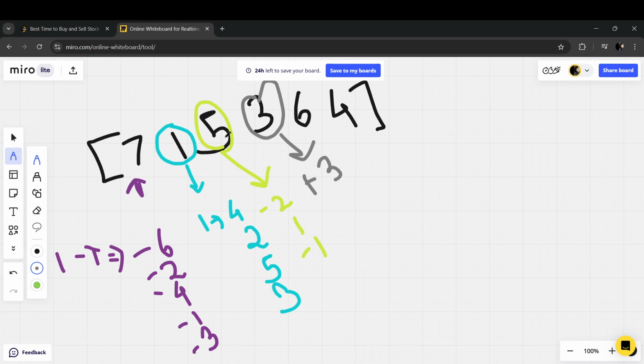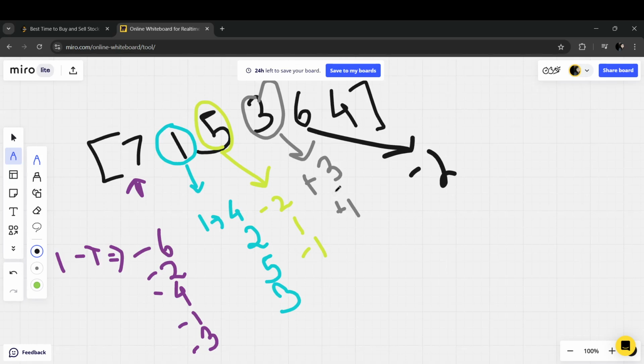And for 3, I sold it at 4, plus 1 profit. For 6, similarly, a loss of 2, because I bought it at 6 rupees and I am selling it at 4 rupees, so it will be minus 2.